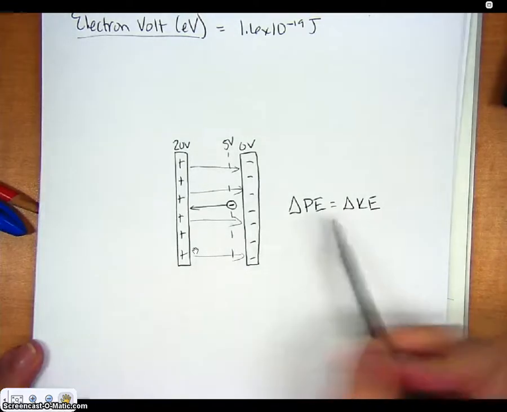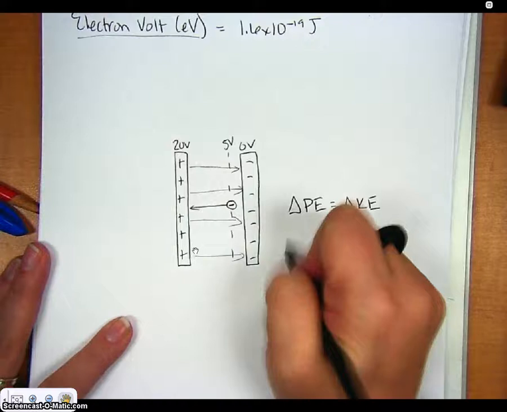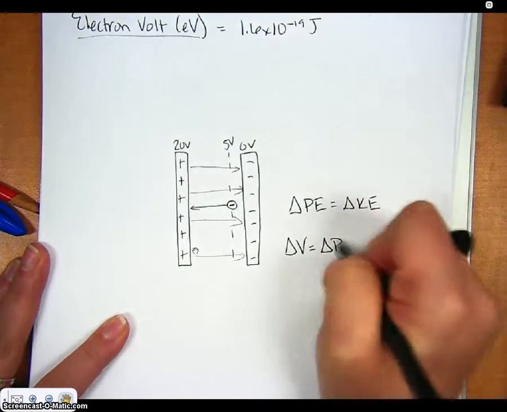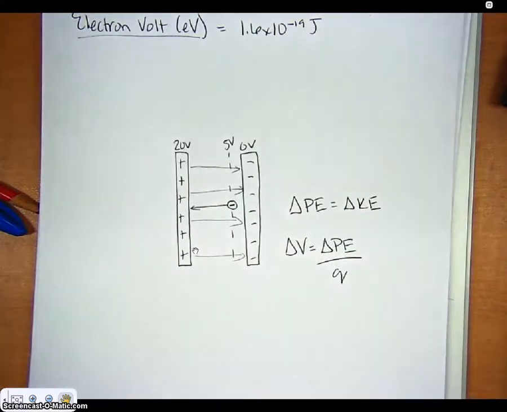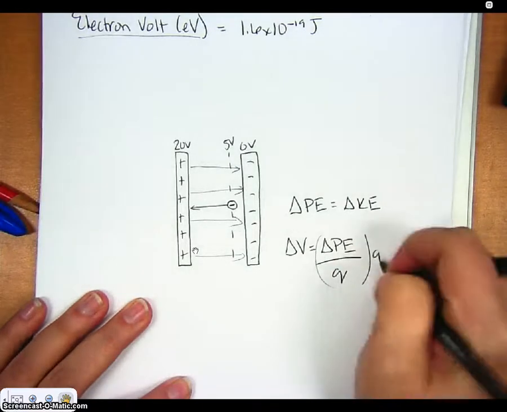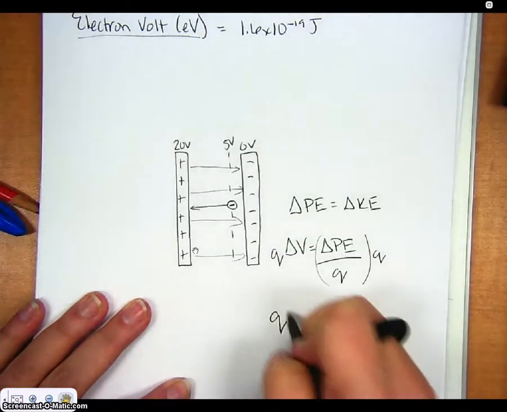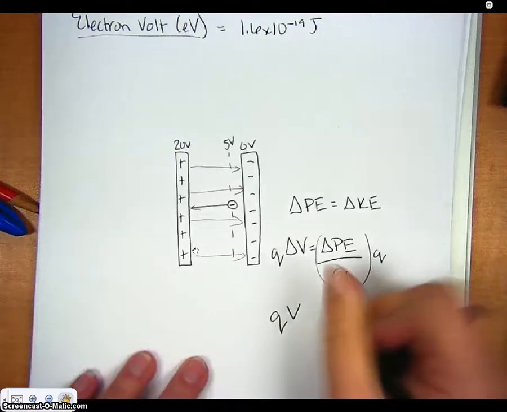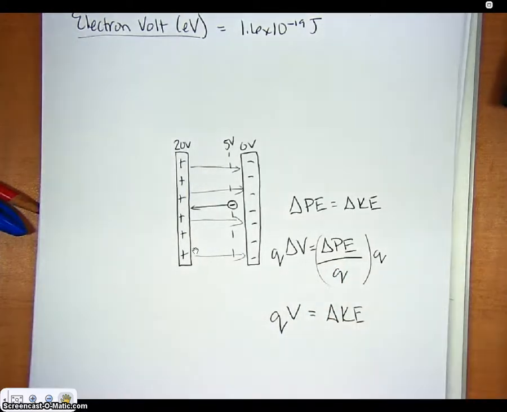From my definition of voltage, the change in volts is the change in potential energy over the charge. Solve for potential energy, and you get that Q times the change in V is equal to the change in kinetic energy. What is the equation for kinetic energy?